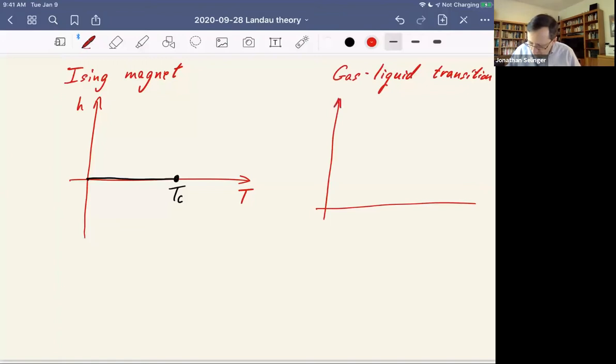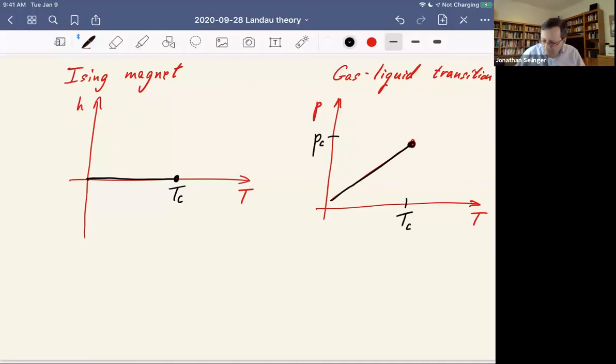So yeah, let's label this as pressure, here as temperature. And there's some phase boundary that comes up and ends in a critical point there. I'll make that in black. It ends in a critical point there. And so here, there's a critical temperature and a critical pressure.